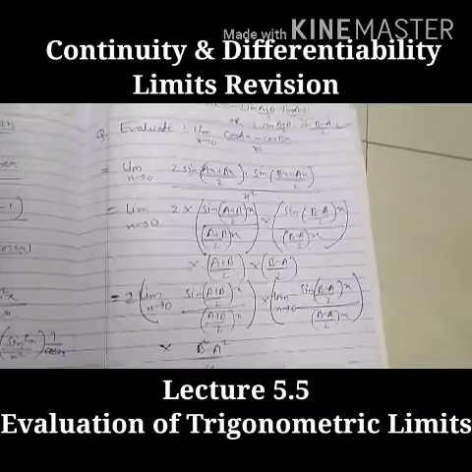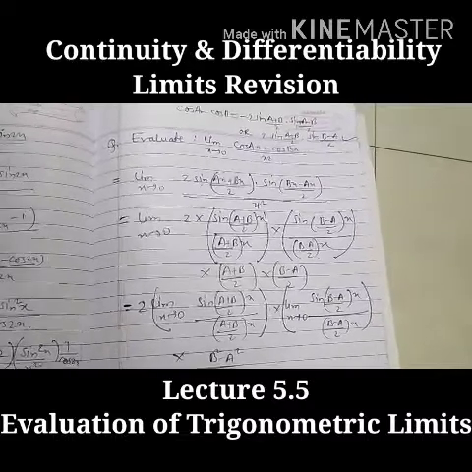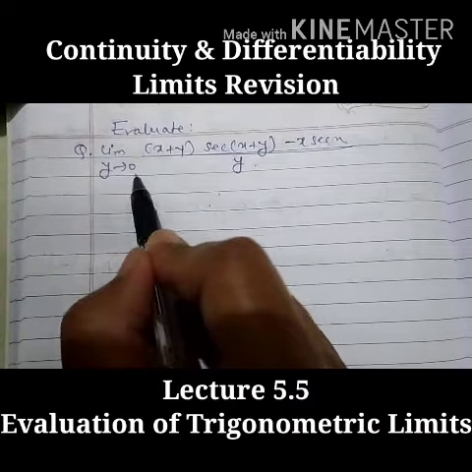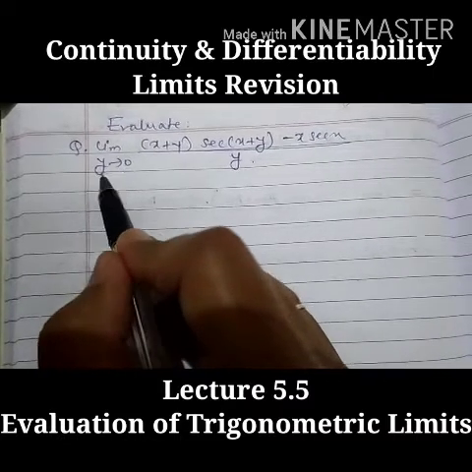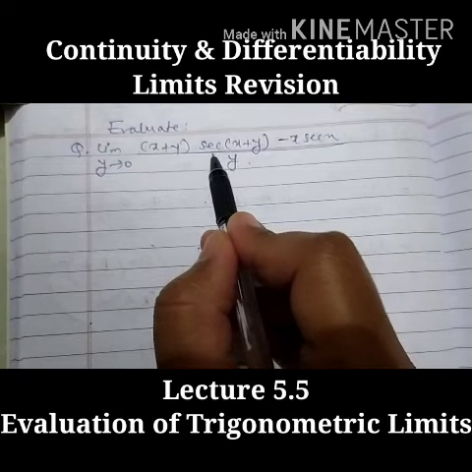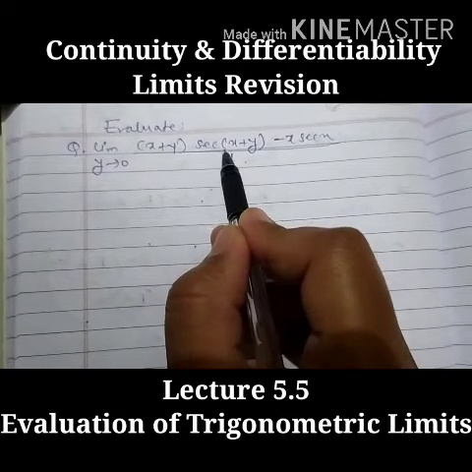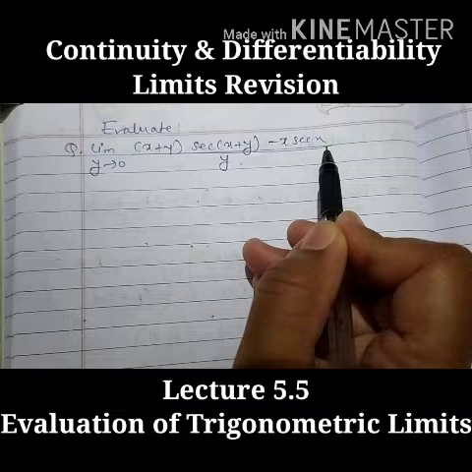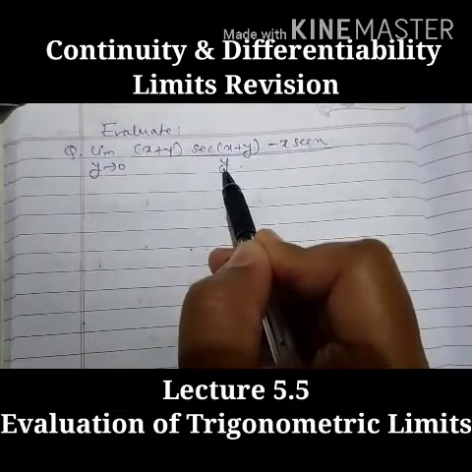Please see this question carefully. Now the next question is limit as y tends to 0 of x plus y into sec of x plus y minus x into sec x, whole thing divided by y.